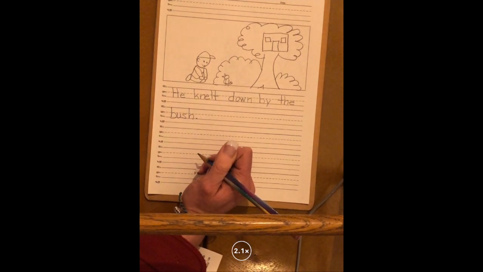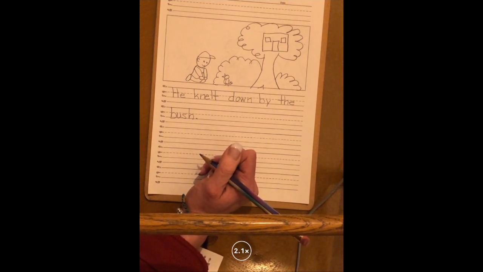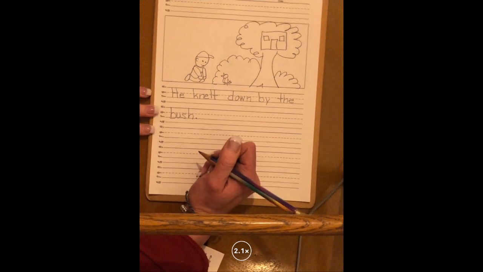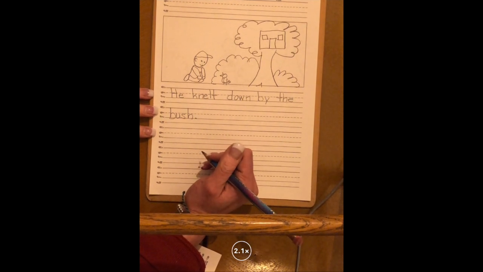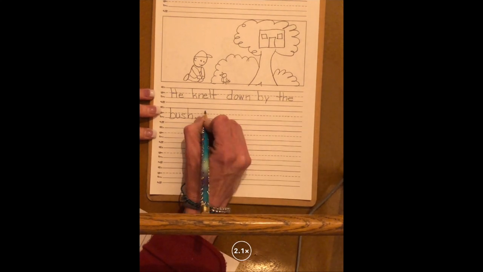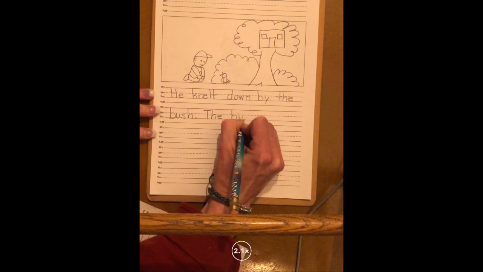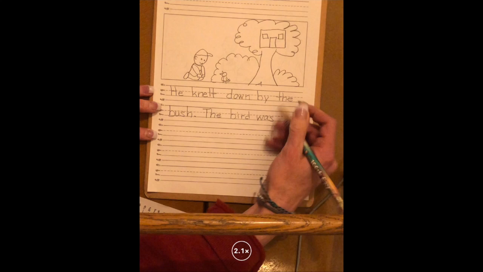Now, remember the bird is upset or the bird is hurt, right? We're not really sure. Could be anything. So I want to write something about the bird being fierce or being angry. So I think I want to write, it was a fierce bird, because I want to put in that Tom felt afraid. So he knelt down by the bush. The bird was fierce.